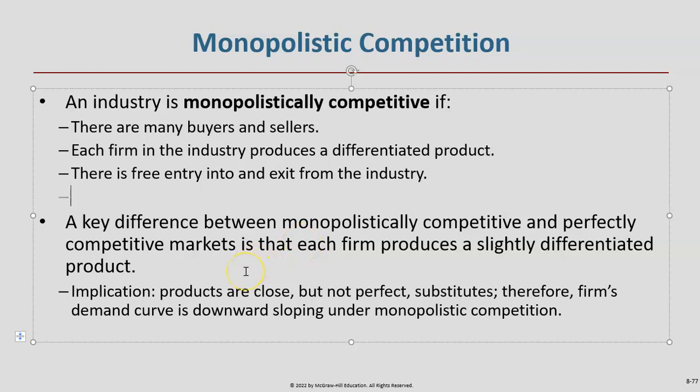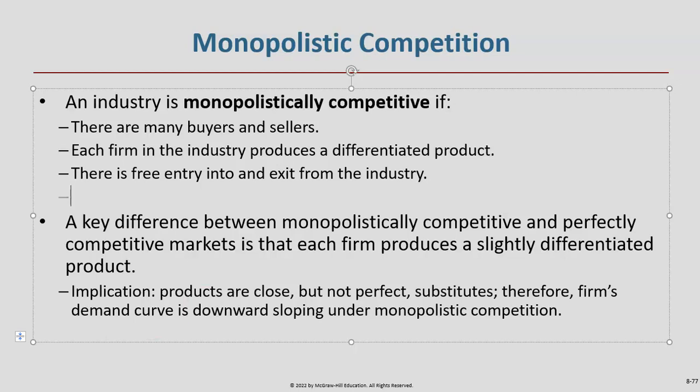Okay, so that means that the products are close substitutes, okay, but they're not perfect substitutes. And where a perfectly competitive firm faces the market price as their demand curve, a monopolistically competitive firm faces a downward sloping demand curve.